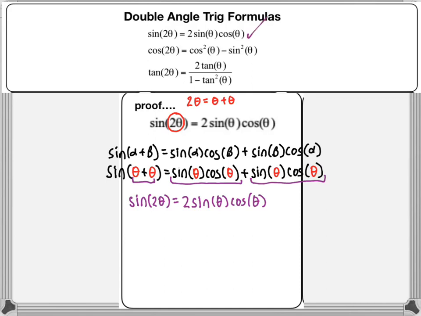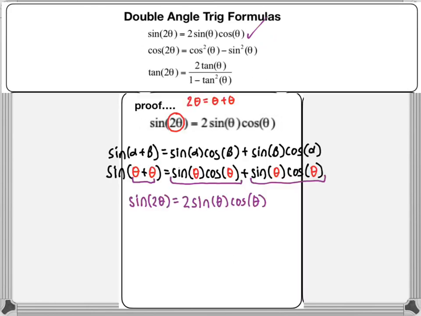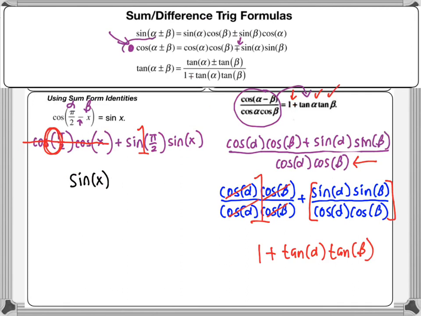Okay. So what I want you guys to do is take a shot at proving this second one here using the cosine sum formula. That is back here, so this guy right here. So you start there and see if you can prove it out.